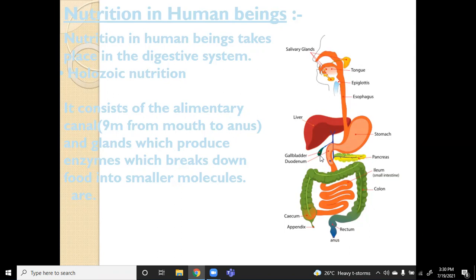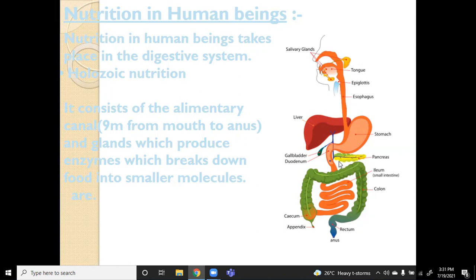There are the liver and gallbladder, which are essential glands. The liver is the biggest gland in our body, a very important gland, and I will discuss it in detail. We also have the pancreas associated with digestion.